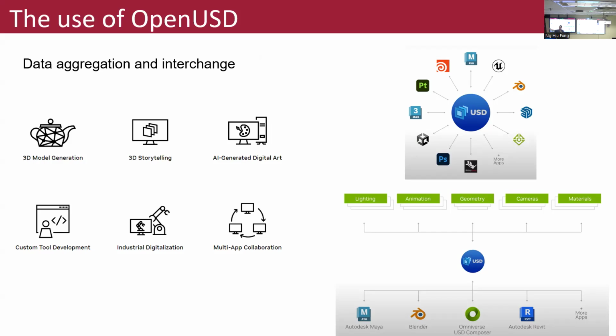So when the 3D modeler creates the 3D model, they will give the 3D model to the USD. And the animator will use their 3D model to do the animation, and then add the animation inside the scene description. For the others, for example, I'm doing the lighting, I will add the lighting information into the scene description.